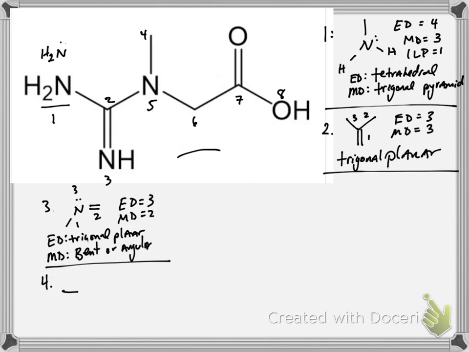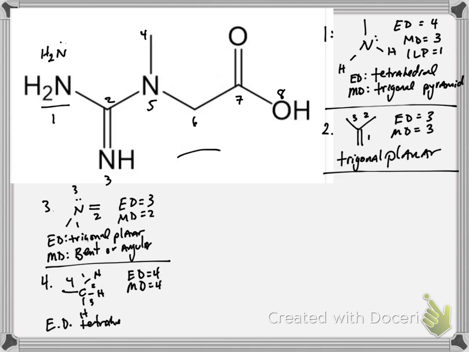If we look at 4, 4 is a terminating carbon with only single bonds. The 3 hydrogens are not shown, only the bond from nitrogen. That's a tetrahedron. And we would get 4 electronic domains, 4 molecular domains.